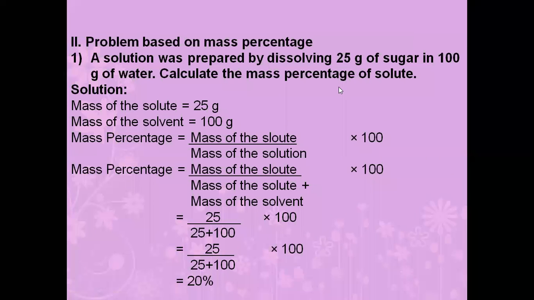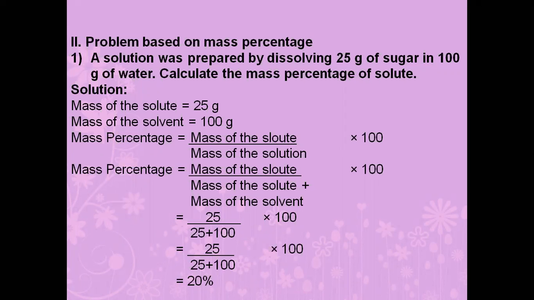So the next question is: a solution was prepared by dissolving 25 gram of sugar in 100 gram of water. Calculate the mass percentage of solute. So sugar is dissolved in water. So sugar is a solute and water is a solvent because water is a dissolving agent.